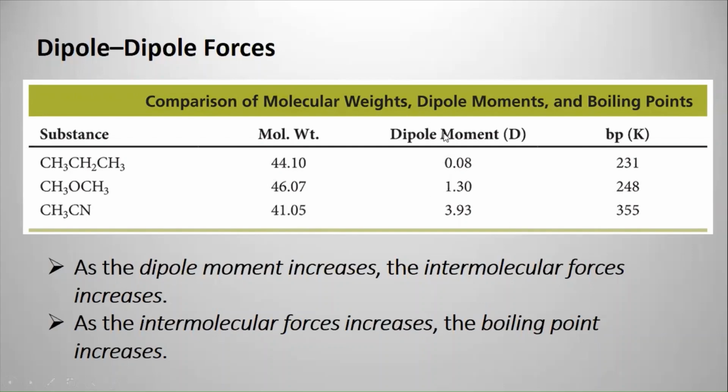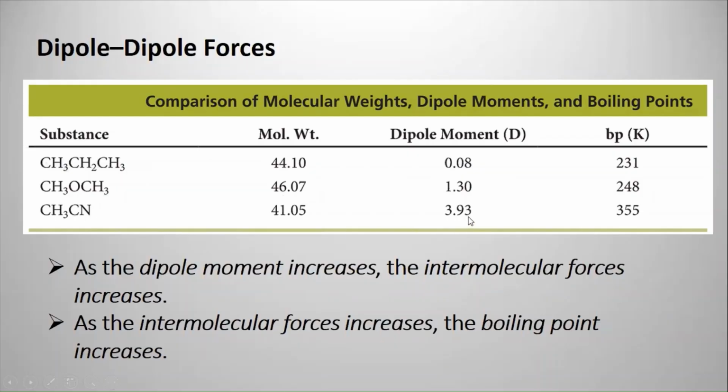All right, so the dipole moment is what we're studying here. We're studying the effect of the dipole moment. The dipole moment in propane is 0.08 because it's non-polar. This is carbon-hydrogen. Carbon-hydrogen are non-polar molecules. You can see their dipole moment is very, very low. Methyl ether is 1.3.